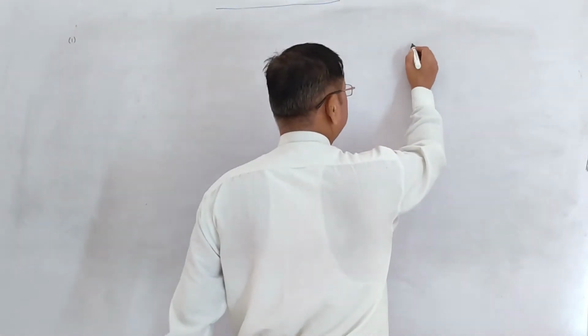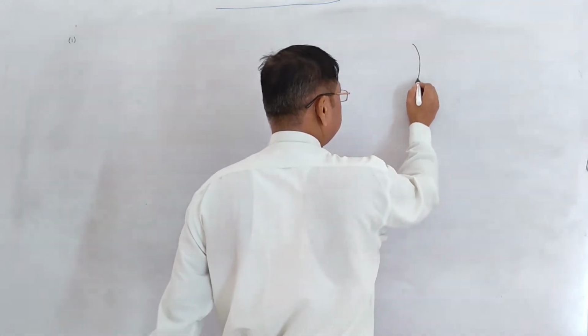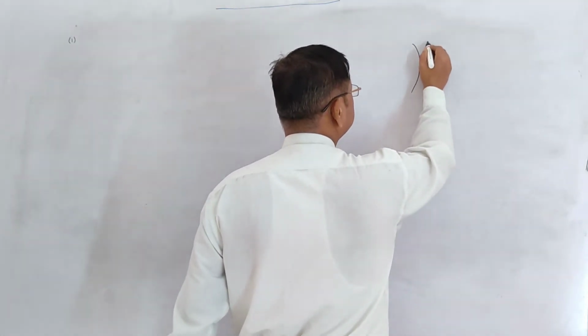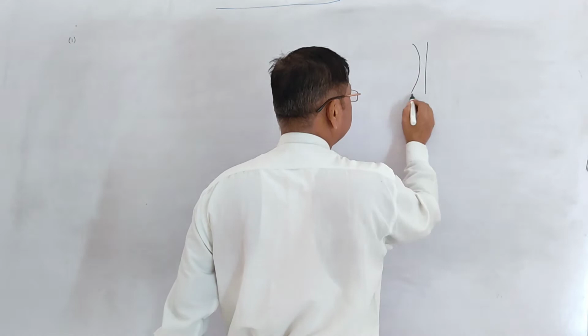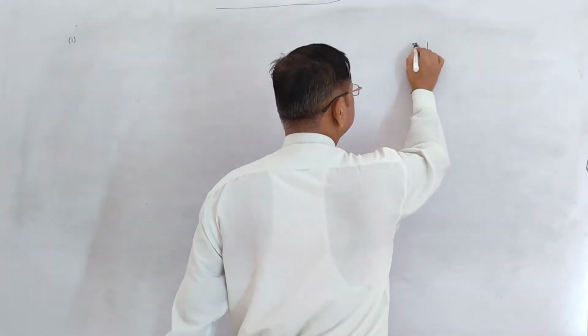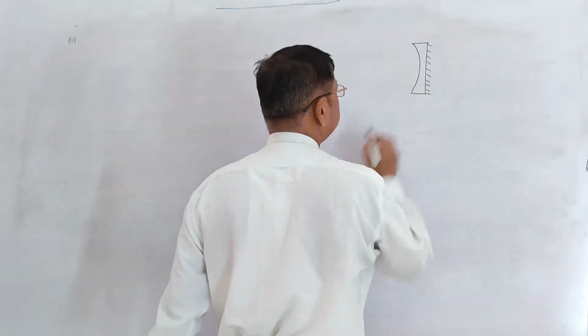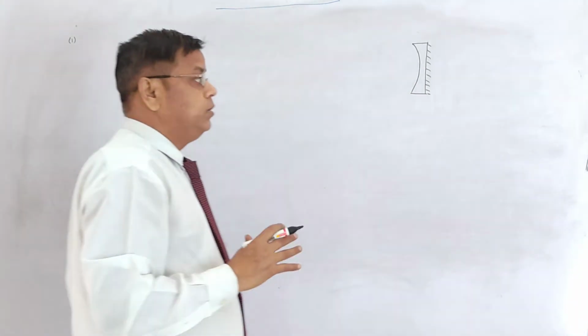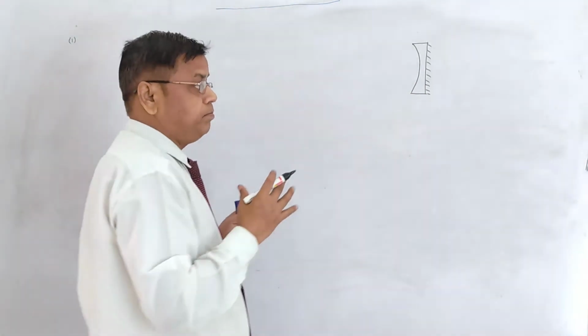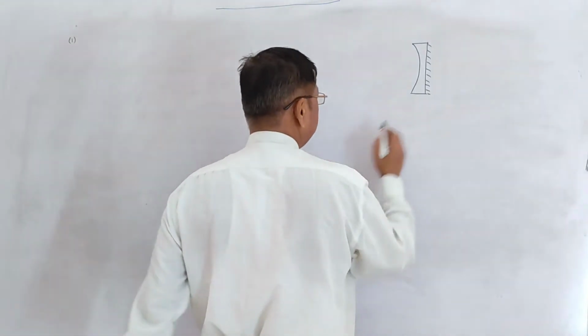Now if the lens is like this, a plano-convex lens where the plane surface is silvered, what is the effective focal length of this lens?